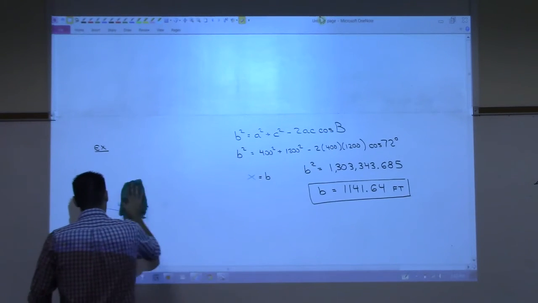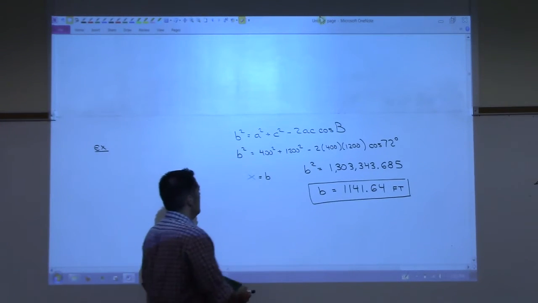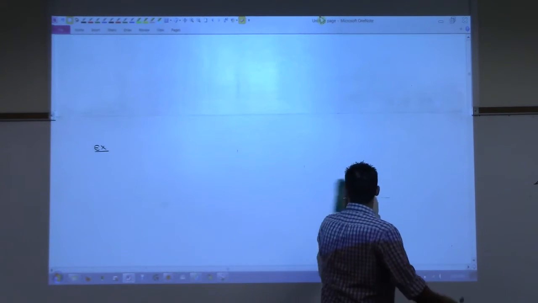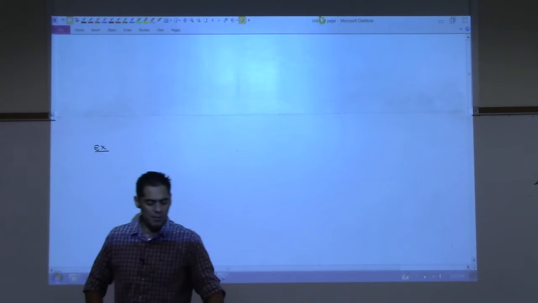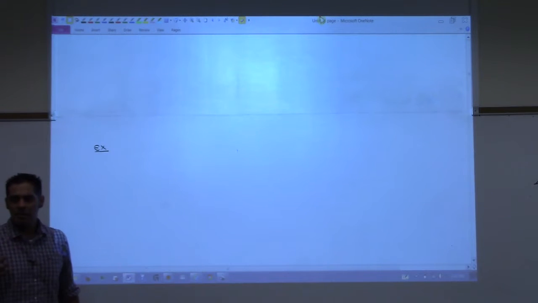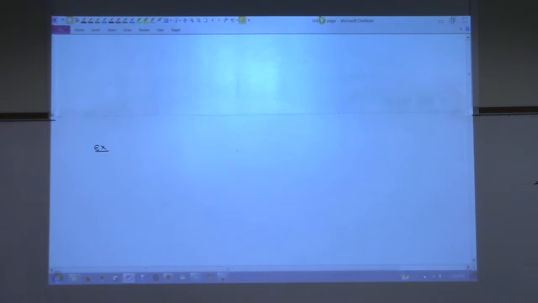What I want you to notice right now is that you can solve a triangle, right? Pretty much, if you have 3 pieces of information, you're good to go, except if you get 3 angles. If someone gives you 3 angles, you can never really be sure about the triangle.